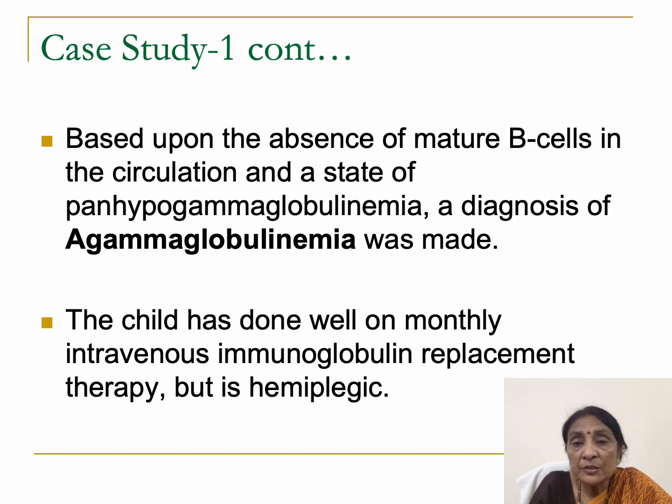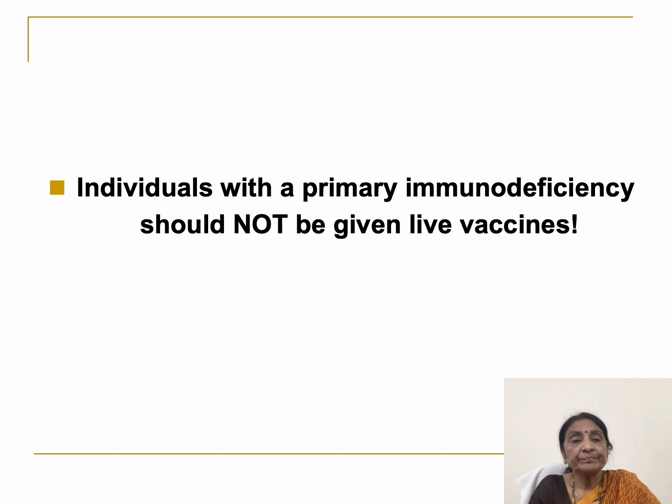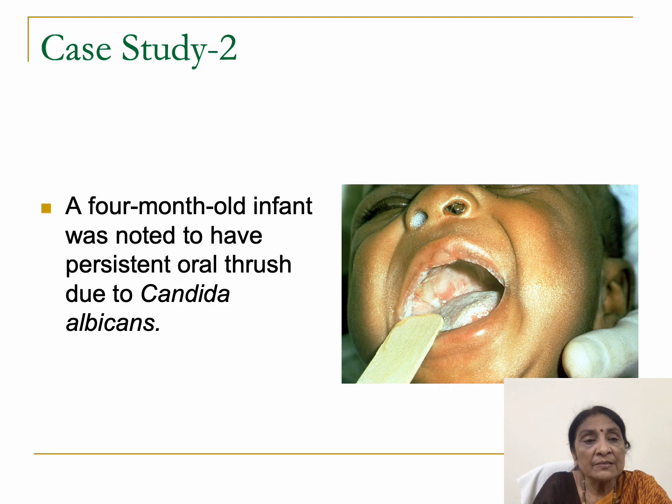Based on absence of mature B cells in the circulation and a state of pan-hypogammaglobulinemia, a diagnosis of agammaglobulinemia was made. The child has done well on monthly intravenous immunoglobulin replacement therapy but is still hemiplegic. Individuals with primary immune deficiency should not be given live vaccines.